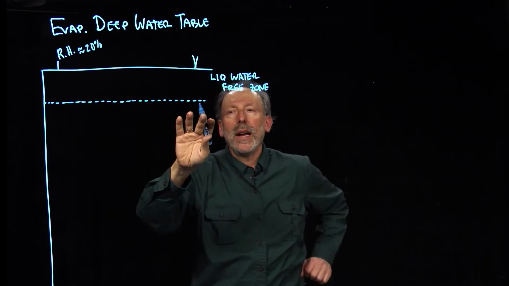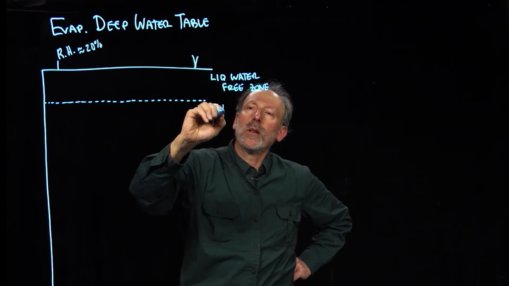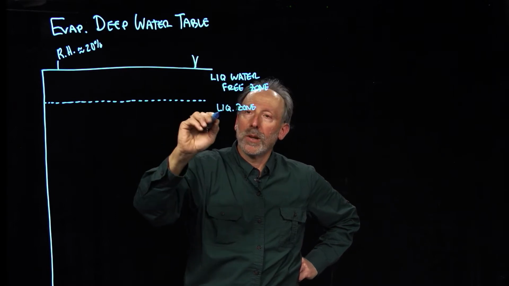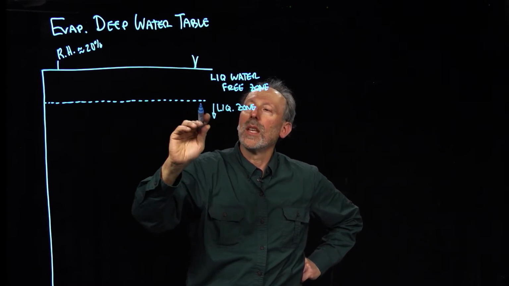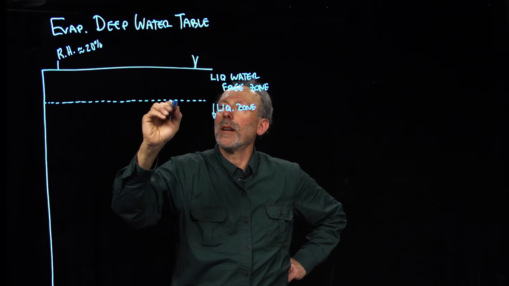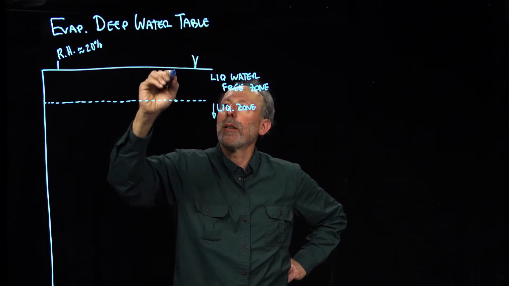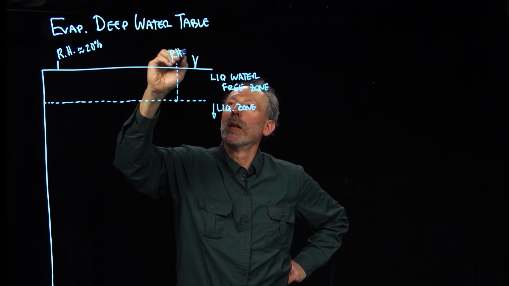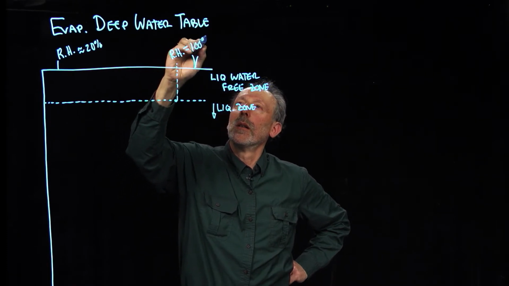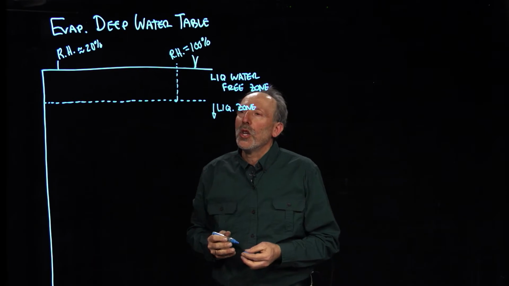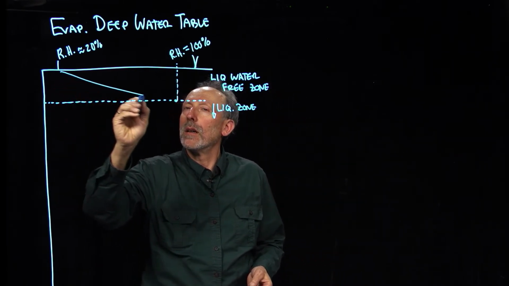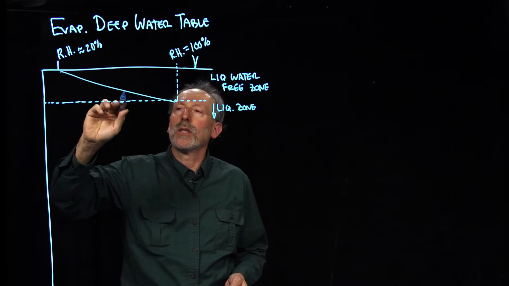But we know in the liquid zone, which is below here, the relative humidity is about 100%. Okay, so what we end up with then is a gradient in relative humidity.